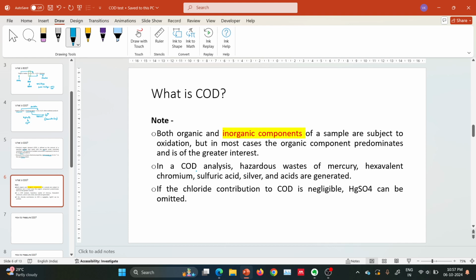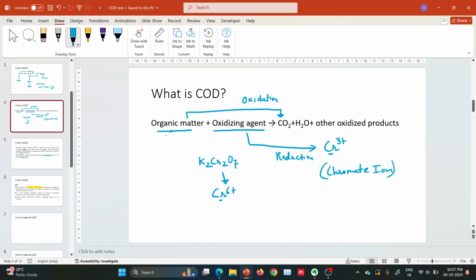So we have to note some things. In COD, the organic matter is both biodegradable organic matter plus non-biodegradable organic matter, that is, which can be oxidized with the help of microbes and which cannot be oxidized by the microbes.